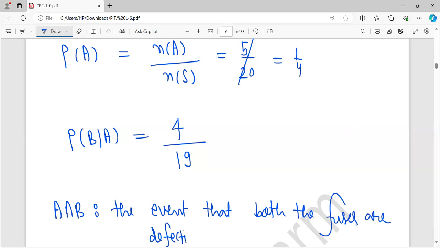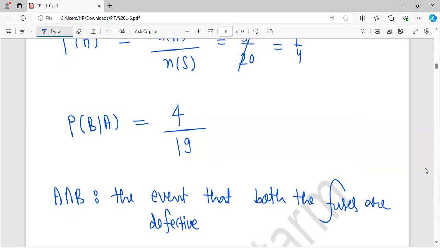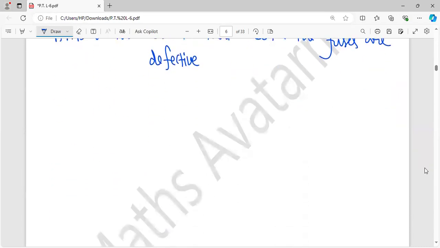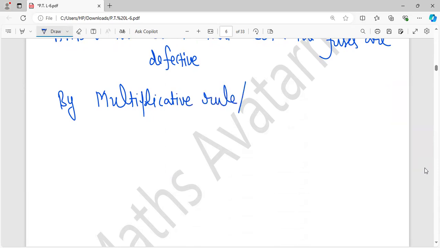Okay. Both the fuses are defective. So we have to find the probability of A1 intersection A2. So how? By the multiplicative rule, or law of probability.